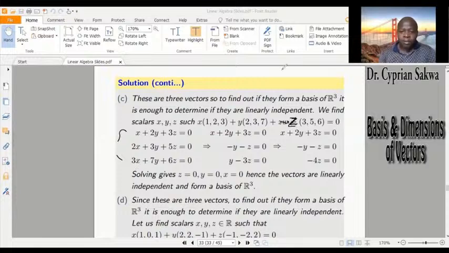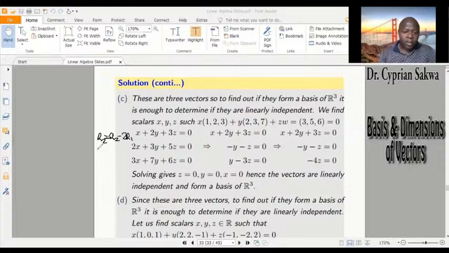I would want a 0 in this position and a 0 in this position, so to achieve that, to get my new row 2, I would take the original row 2 minus 2 row 1.